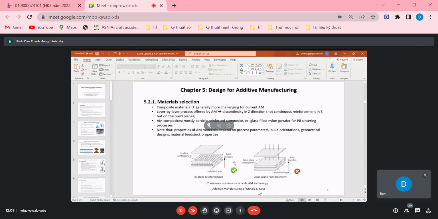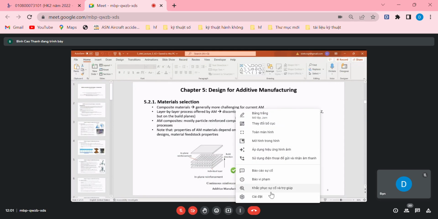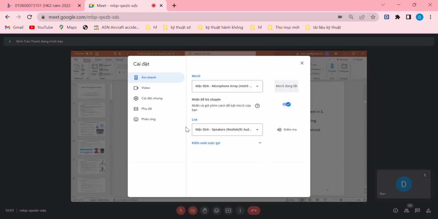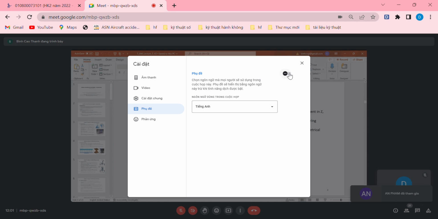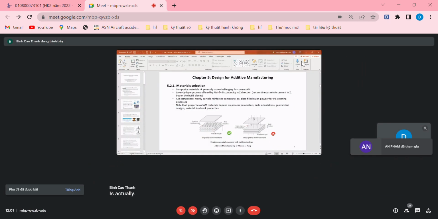It's impossible. In other words, we have the discontinuity in the vertical direction. And the AM composite is actually implying the reinforcement of the particles.